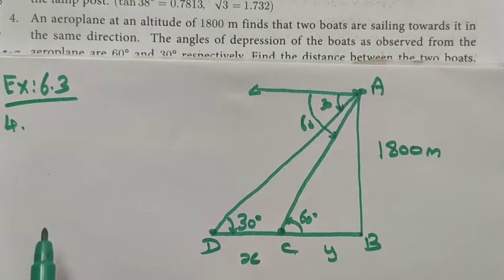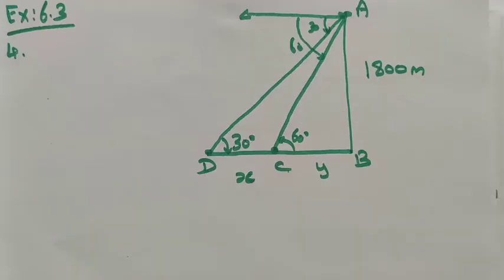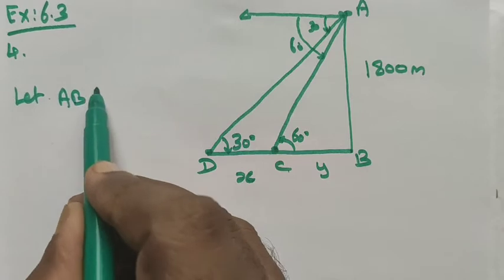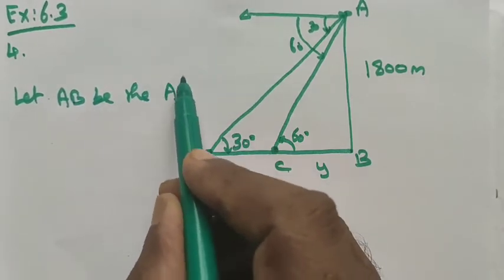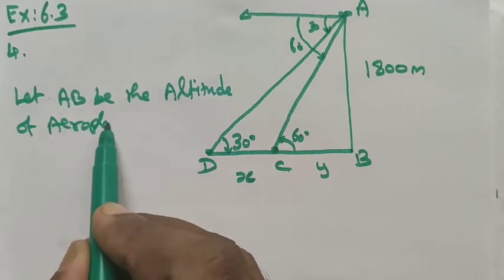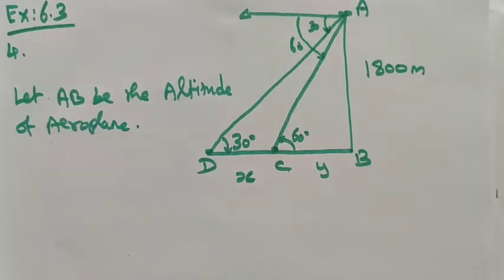Let me say here, let AB be the altitude of the aeroplane, right?